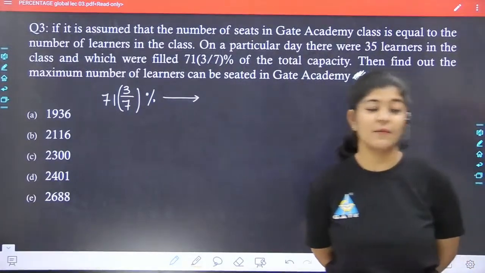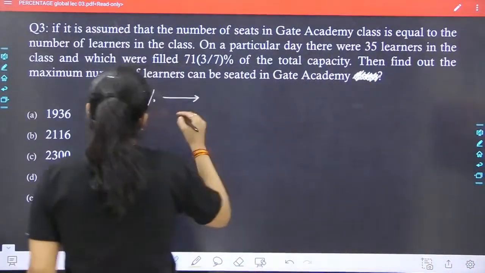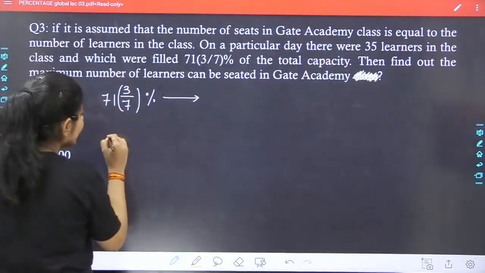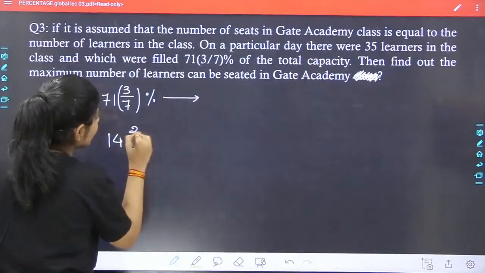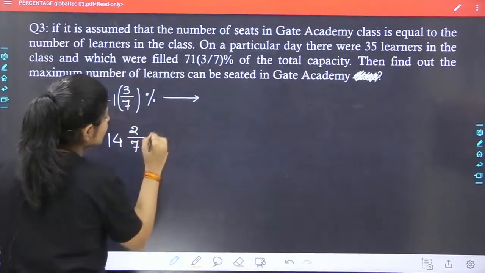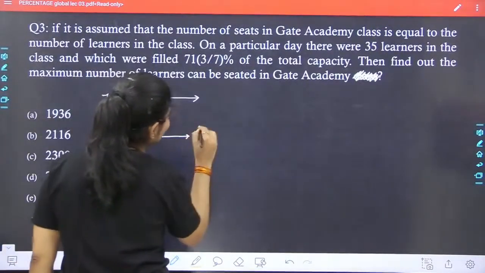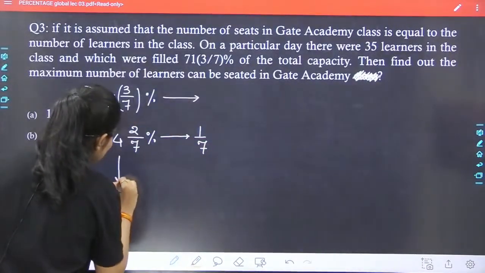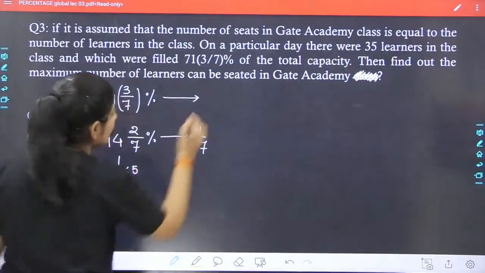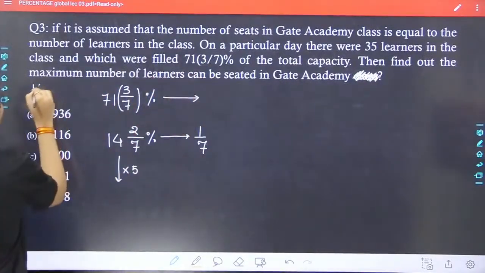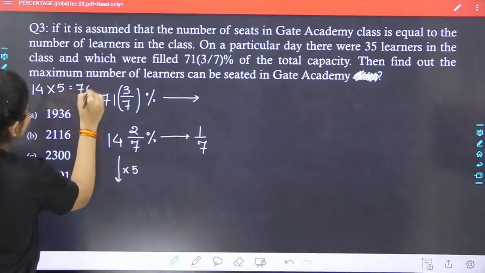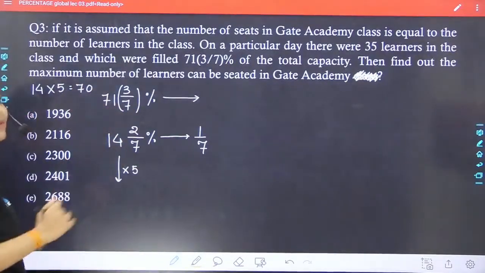Five by 7. Very good, Harsh. When I see 7 in the denominator, I recall 14 2 by 7%, which is written as 1 by 7 in the fraction. When I multiply this term by 5, because 14 into 5 is 70, which is nearly equal to 71.